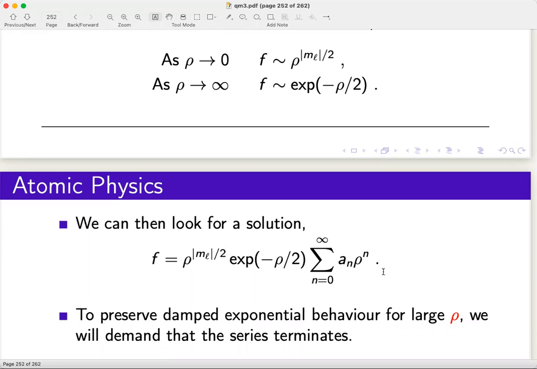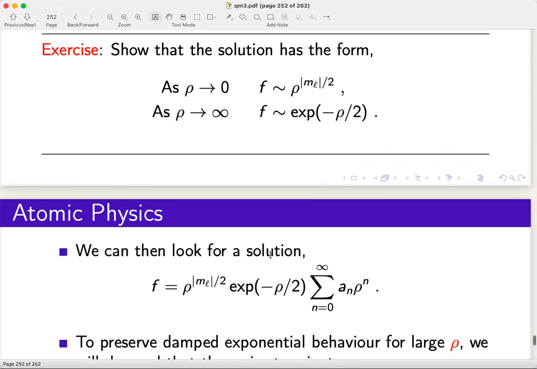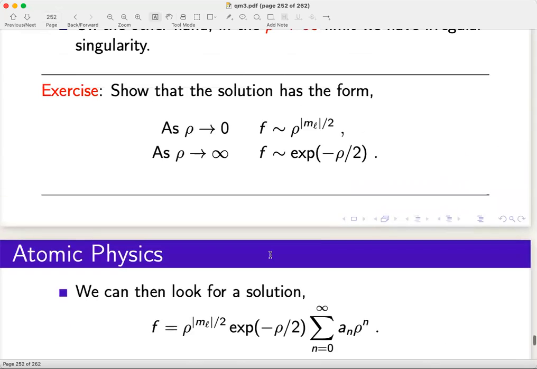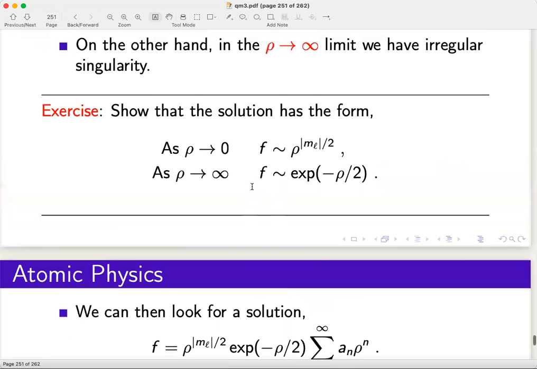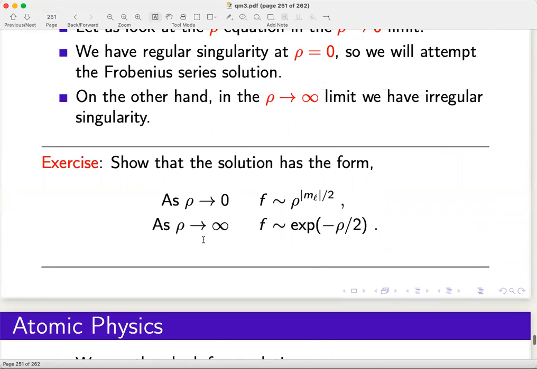If that answer is e to the rho, then that will multiply e to the minus rho by 2 to give you e to the plus rho by 2. E to the plus rho by 2 is not a good thing, simply because we want our wave function to fall off to 0 at infinity, and that was one of the reasons why, out of two possible solutions at rho going to infinity, we picked only one of them, namely exponential minus rho by 2.